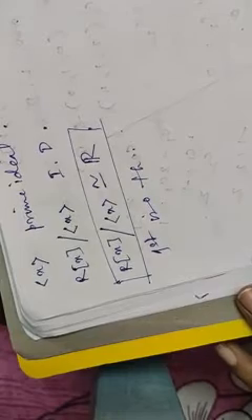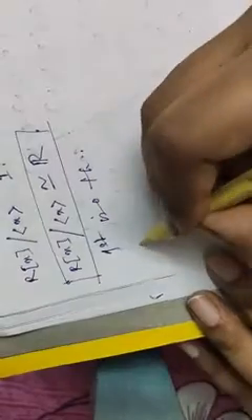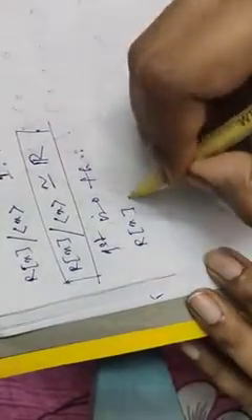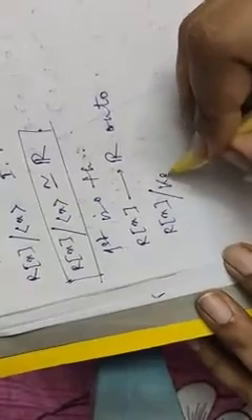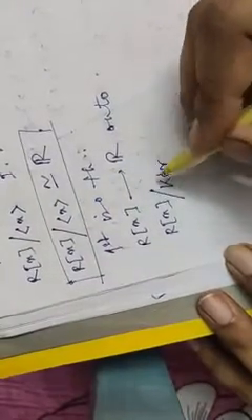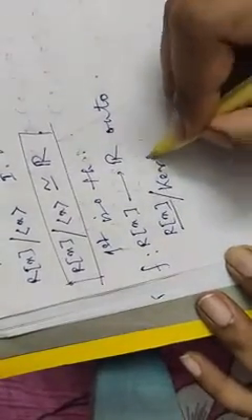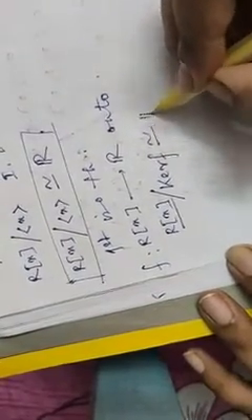It was that if you consider a ring homomorphism F from R[x] to R, and it's onto, then R[x] by kernel of F will be isomorphic with R. That was the first isomorphism theorem for ring homomorphism.